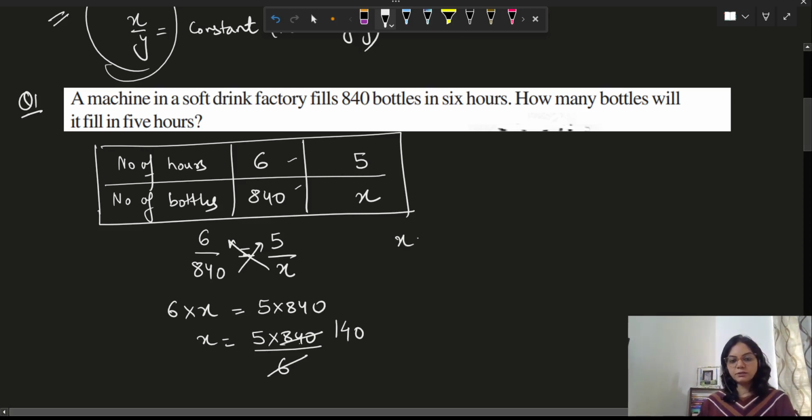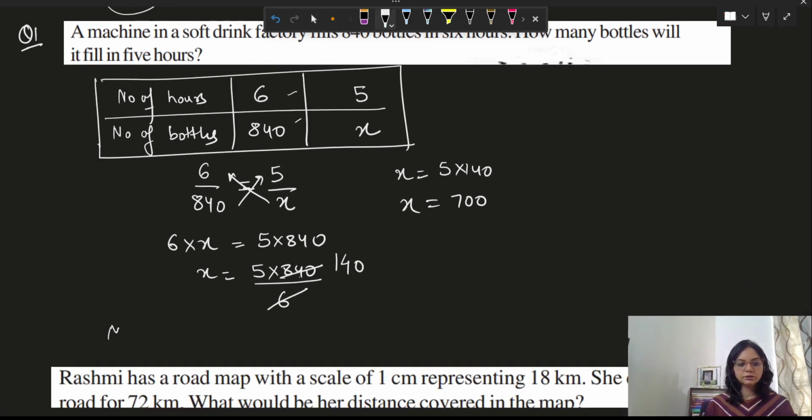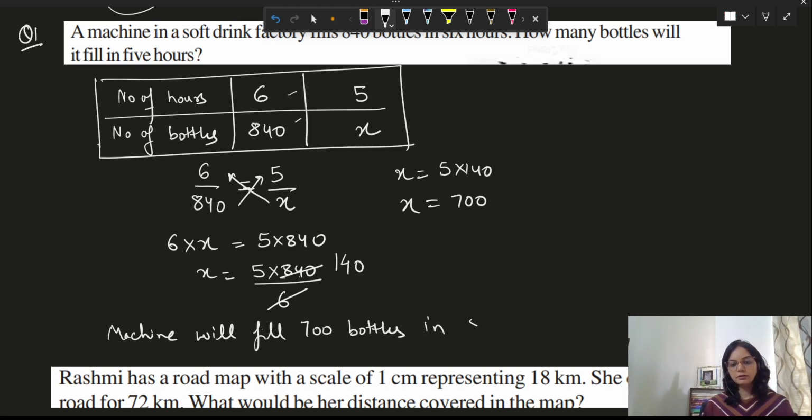So what is x coming out to be? 5 into 140, which is 700. So I can say that the machine will fill 700 bottles in 5 hours. I hope this is clear, students.